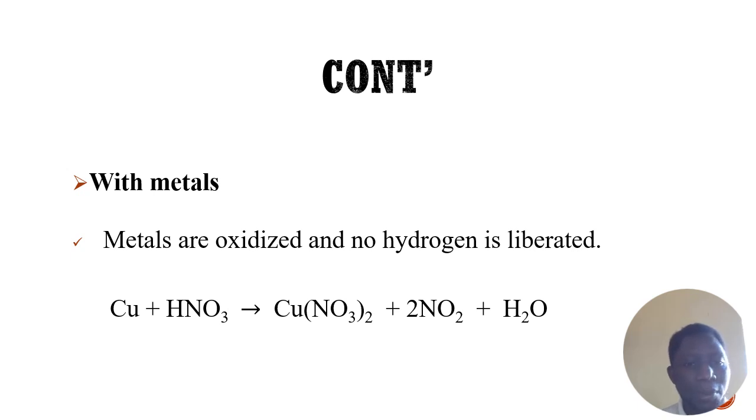Here we have an example where nitric acid oxidizes metals. Metals are oxidized and no hydrogen is liberated. For example, when copper reacts with nitric acid, it produces copper nitrate, nitrogen dioxide, and water. Remember, when copper reacts with nitric acid and produces nitrogen dioxide, the nitric acid used is concentrated.